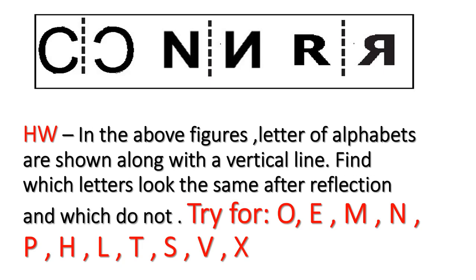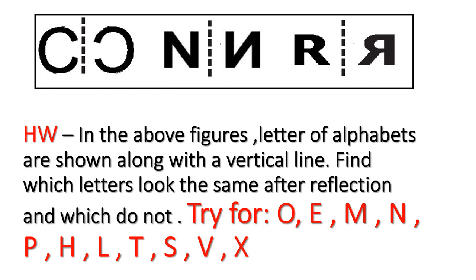Now see your homework. Today I am giving you very interesting homework. In the above figures, letters of the alphabet are shown along with a vertical line. This I have told you. Now find which letters look the same after reflection and which do not.